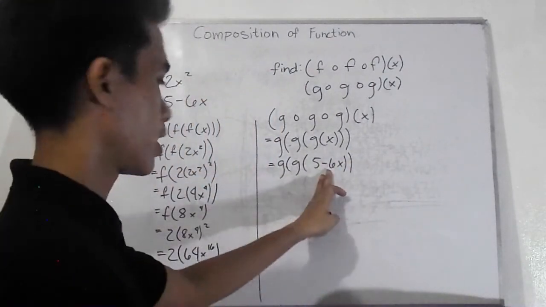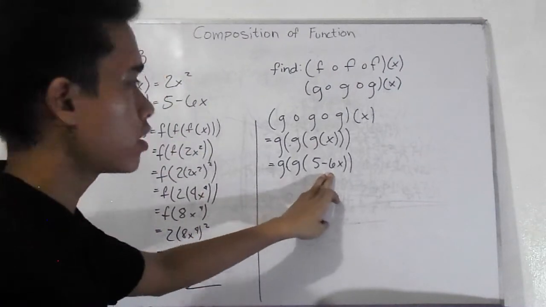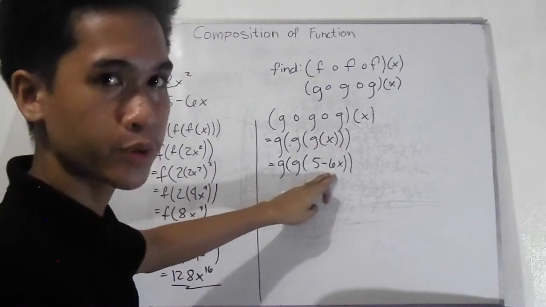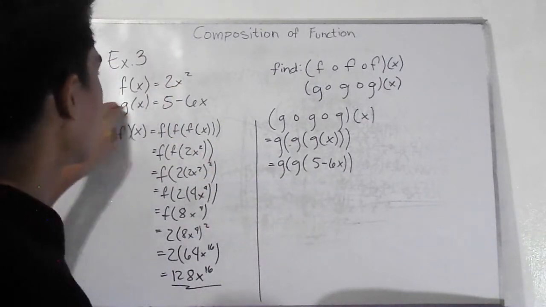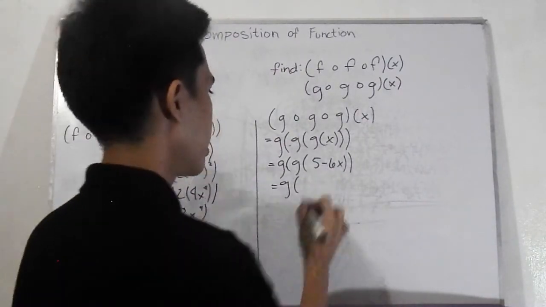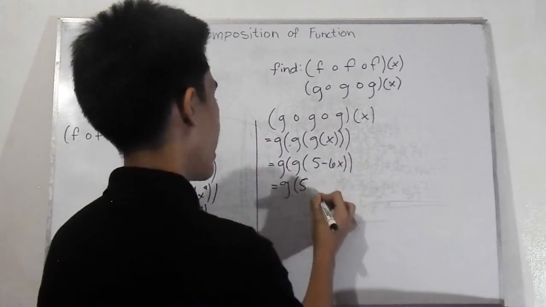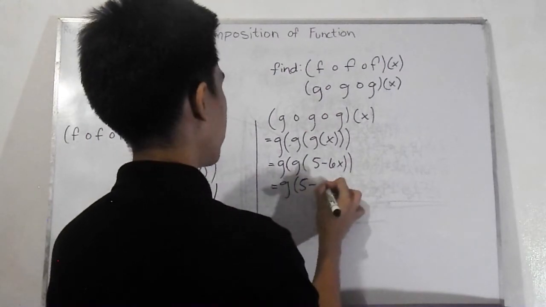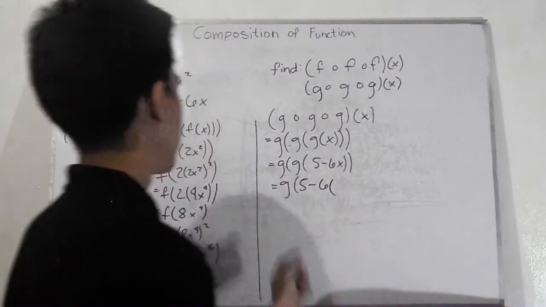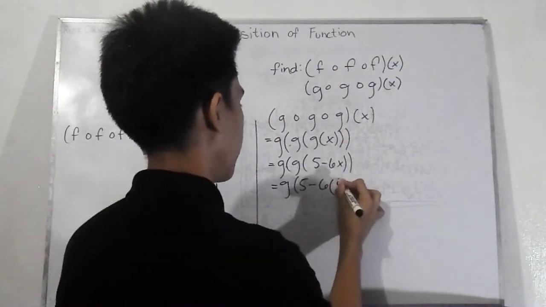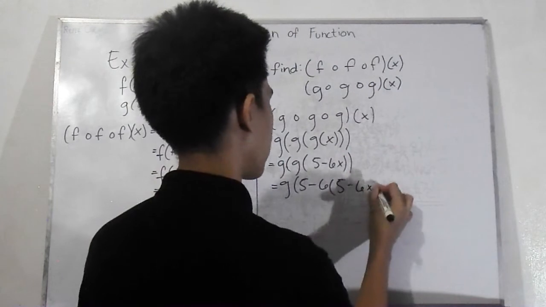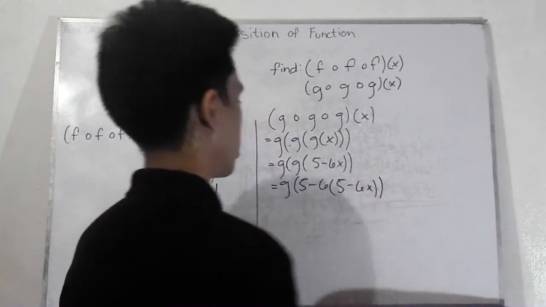So again, same procedure. This input will be substituted in this value. So g of 5 minus 6, the value of x, 5 minus 6x. So simplify.